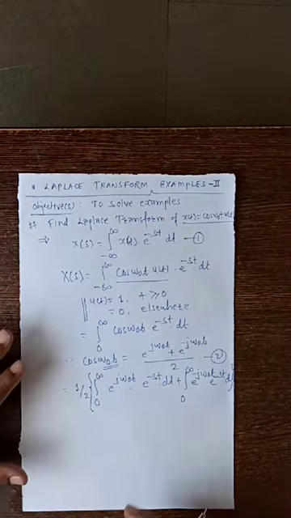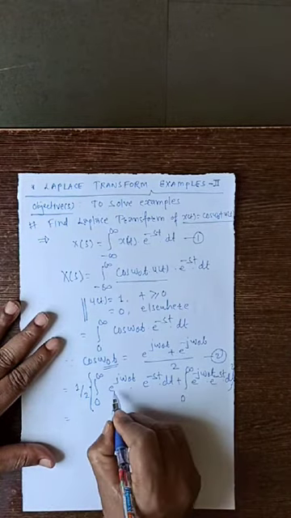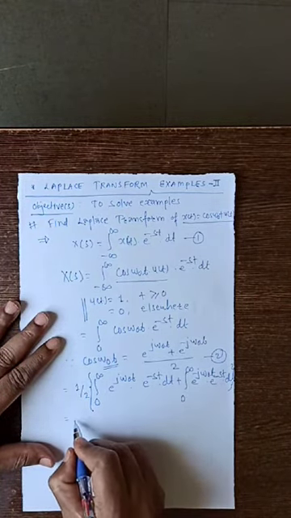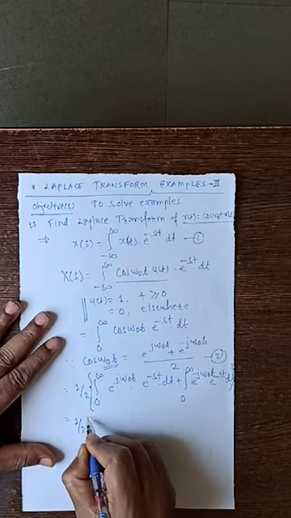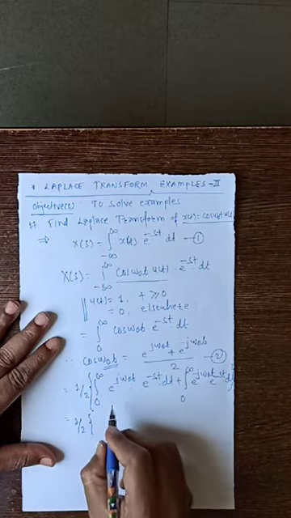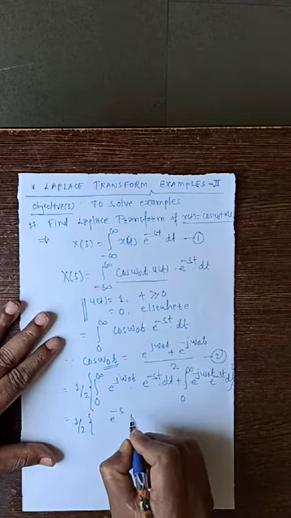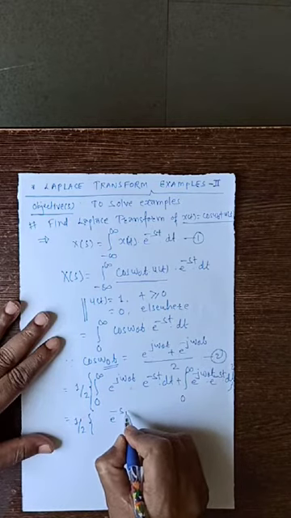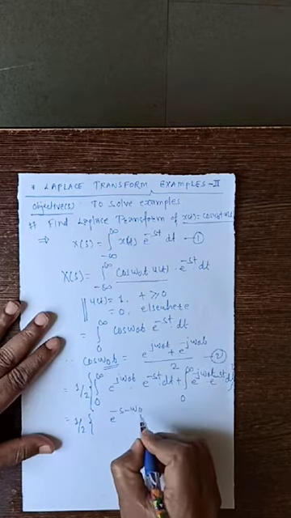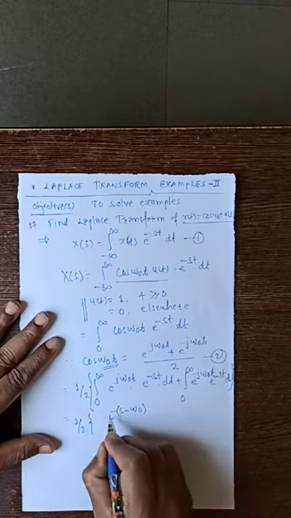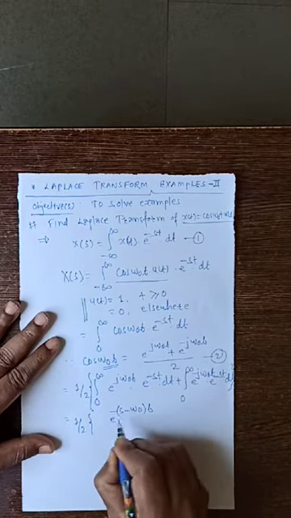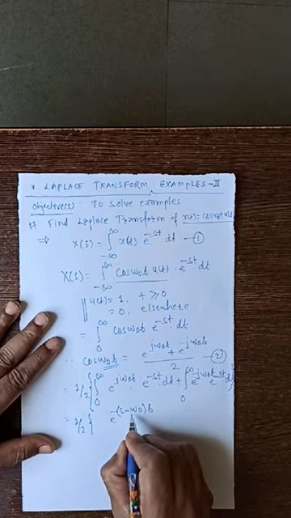So you can collect the terms as the bases are common. So 1 by 2 into bracket, e raised to minus s minus omega naught t, here minus s into t, so minus times minus becomes plus, e raised to j omega naught t.